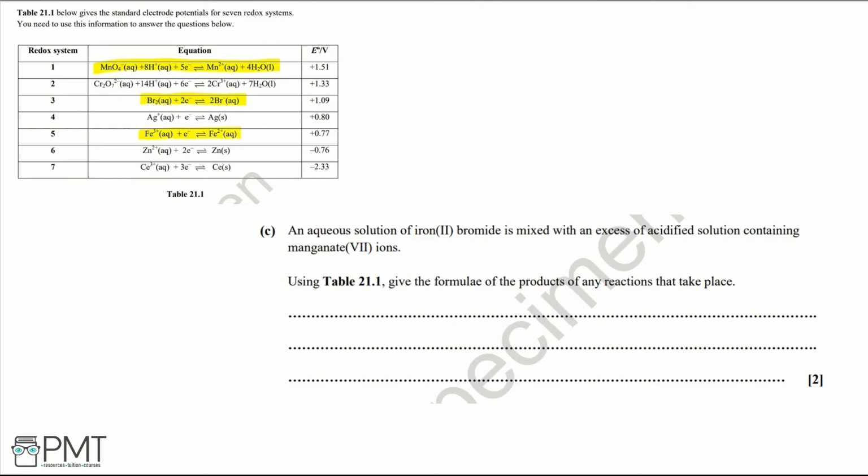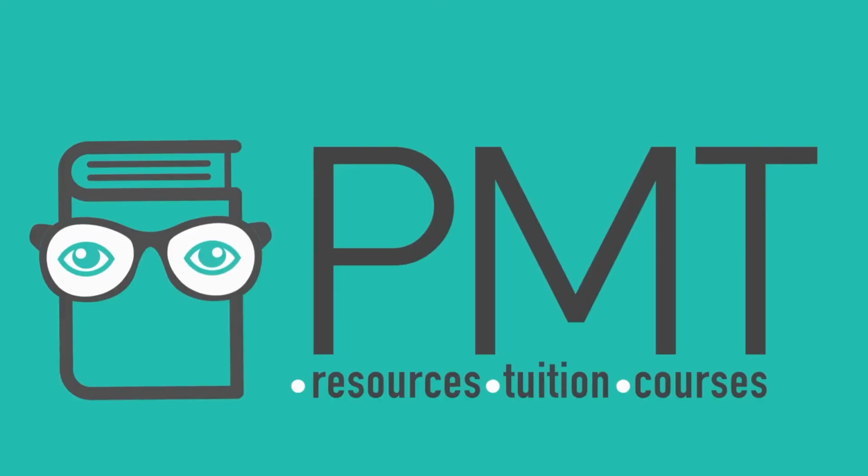What's happening is you're starting with iron 2+, bromide ions, and manganate 7 ions. And so your products are going to be on the other side of the equilibrium. So they're going to be your manganese 2+, your water, bromine, and Fe3+. To get the 2 marks for this question, you must have all 4 products.